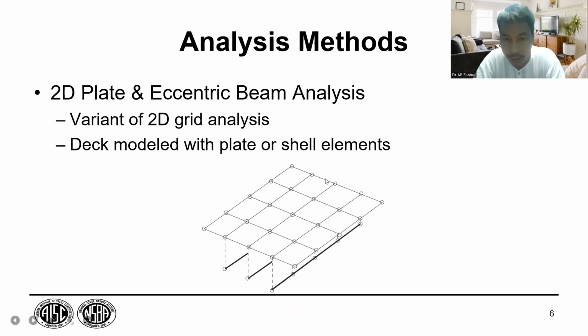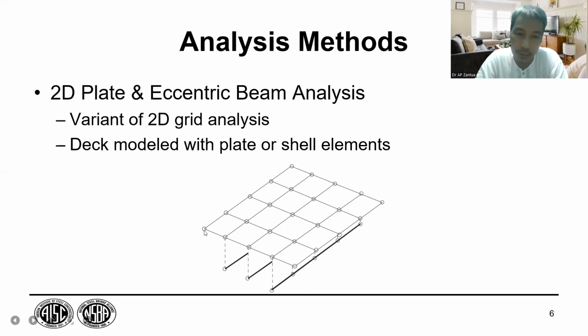So still a grid, but we can call this a variant of 2D grid analysis. Okay? Still a grid, but it is a plate type. So we have what? The deck modeled with plate or shell elements.